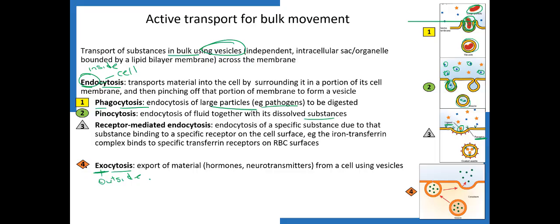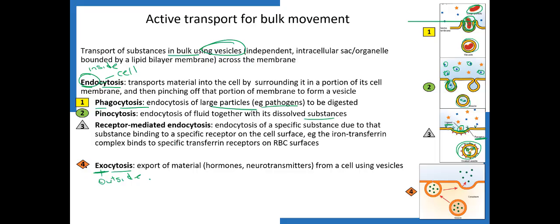And then it pinches off a part of the cell membrane to actually create a vesicle. And you can see here in the vesicle, you've got a bunch of receptors with ligands attached to it. So it brings in things like iron into the cell as well as other things.